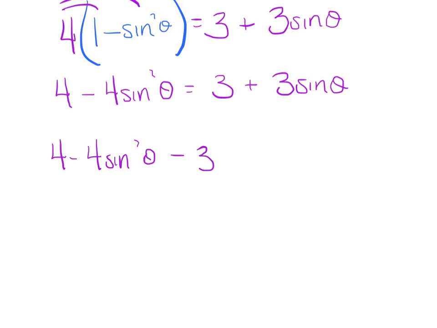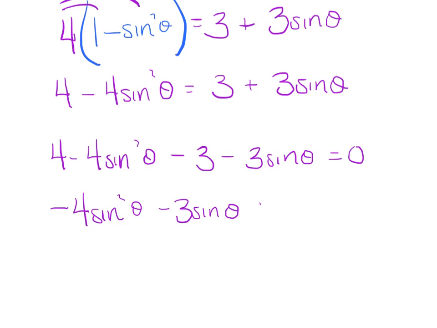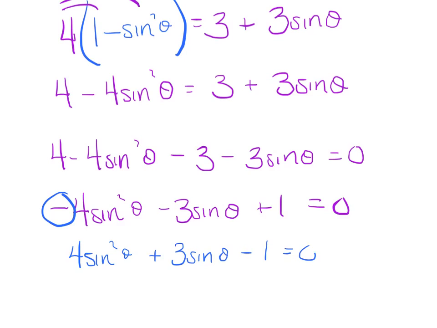I'm going to subtract the 3 over and subtract the 3 sine theta over, and then put my like terms together. And I think that leaves me with a plus 1. Now again, most people don't like to factor if this term is negative. So I'm just going to go ahead and multiply everybody by a negative 1. So I get positive 4 sine squared theta plus 3 sine theta minus 1 equals 0.